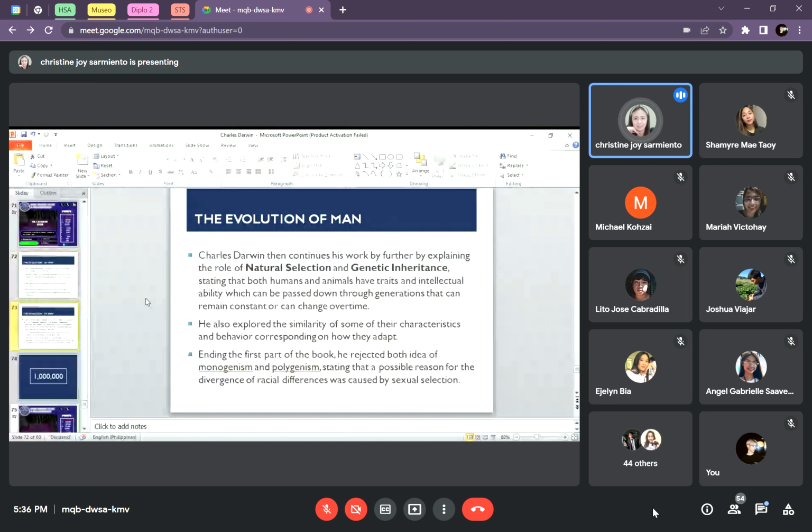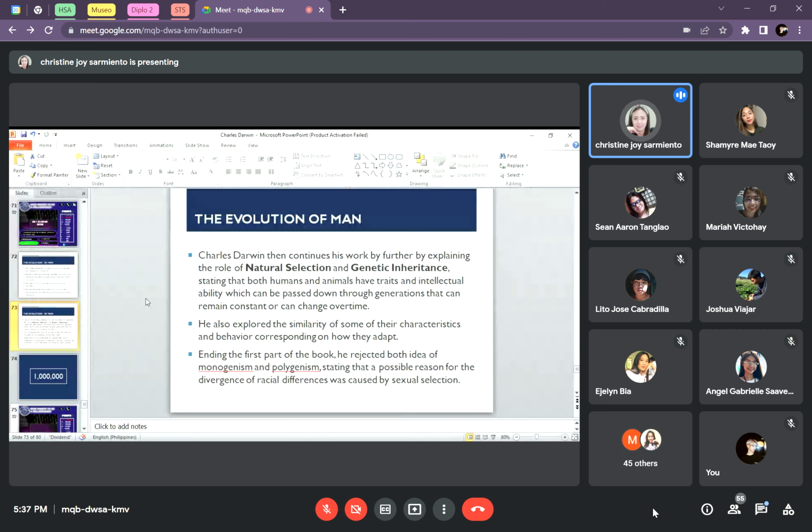So Charles Darwin then continues his work by further explaining the role of natural selection and genetic inheritance, stating that both humans and animals have traits and intellectual ability that can be passed on, mixed, or it may also change.